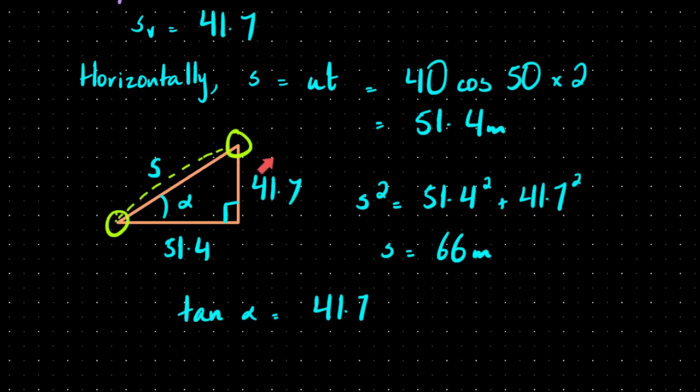But tan is the least risky one to use if for some reason maybe you calculated this wrongly. So tan of this would be opposite to this angle upon the adjacent, 51.4. So then you just take the tan inverse. So alpha would be tan inverse of this fraction, which turns out to be 39.1 degrees.